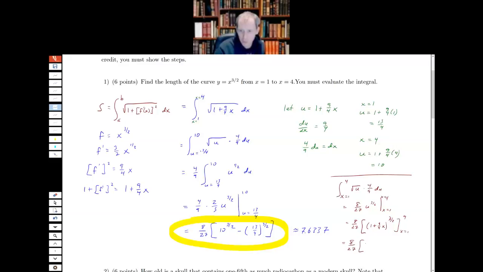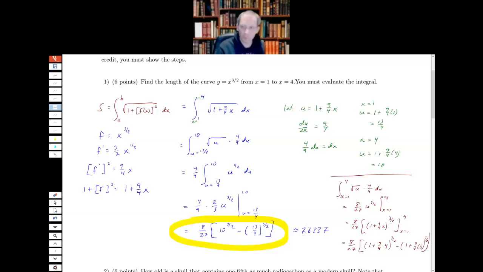So I plug in 4. And I plug in 1. Okay. And if you look at what I have here, it's going to be the same number.